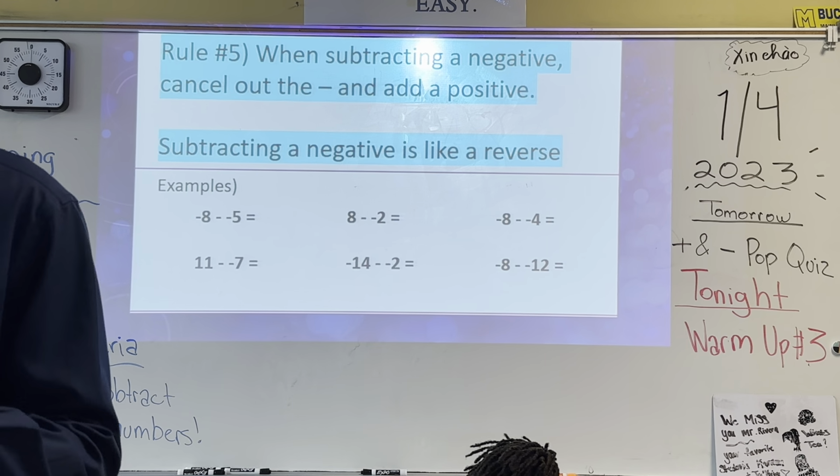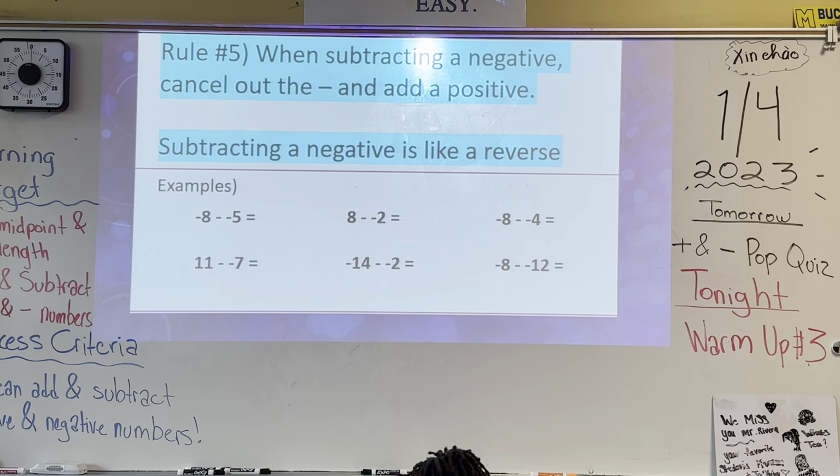So, subtracting a negative is like a reverse. Reverse, reverse. Yes, just like that.